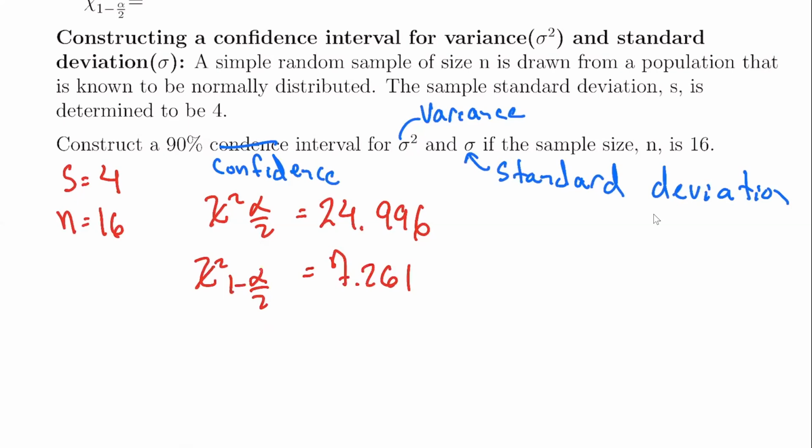Normally, you have to go to the chi-square table to find that, but since we already did that in part C, I'm just using that information. Everybody good? We have the sample standard deviation, sample size, and our two chi-square values.